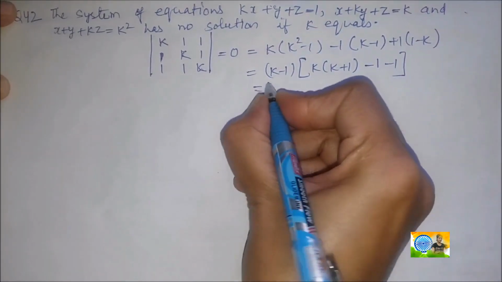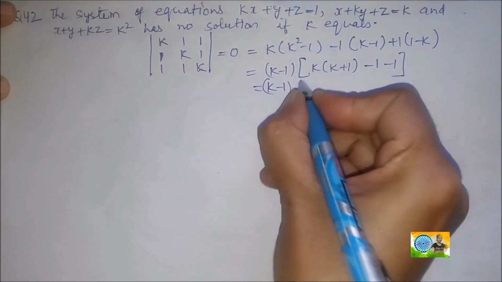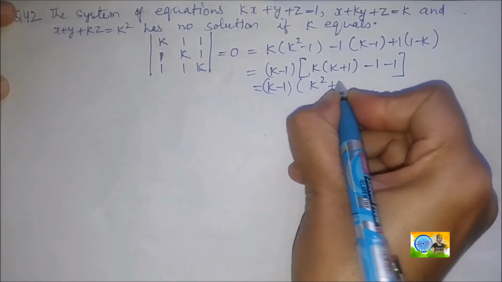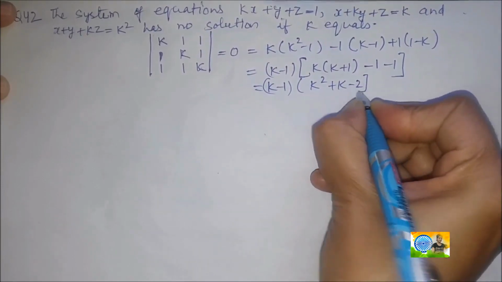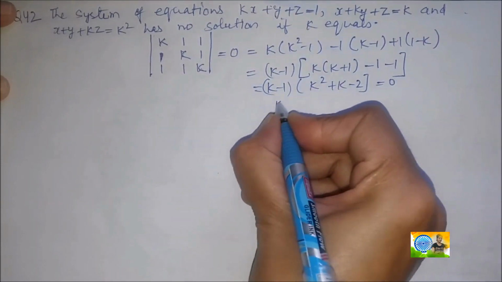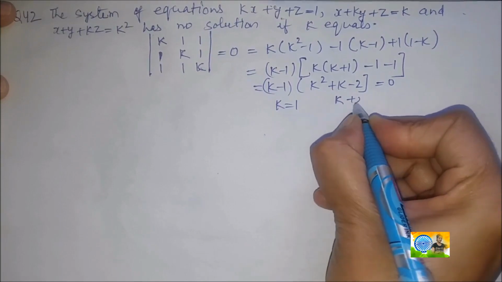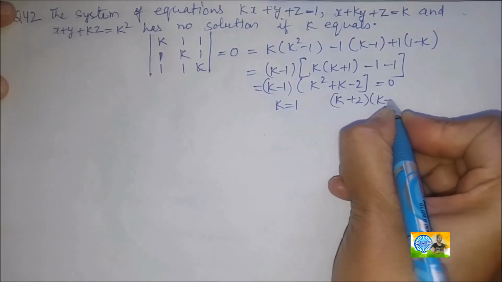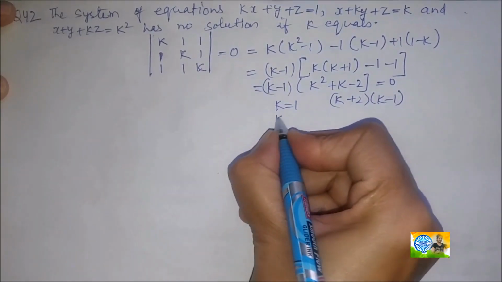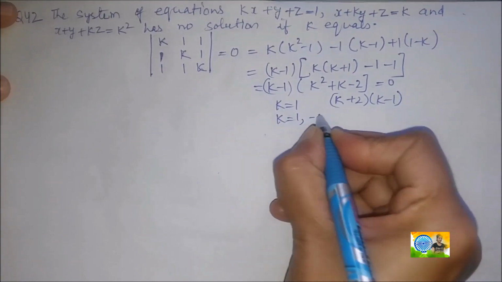So this gives k minus 1 into k square plus k minus 2. This equals 0. It means either k is equal to 1 or this can be written as k plus 2 and k minus 1. This gives either k is equal to 1 or k is equal to minus 2.